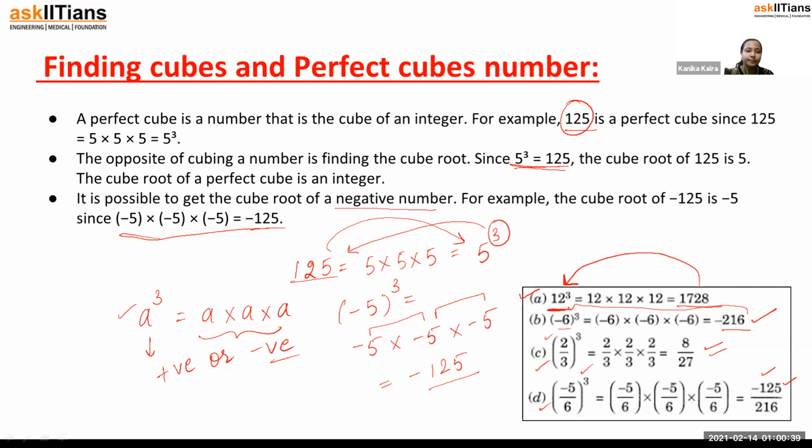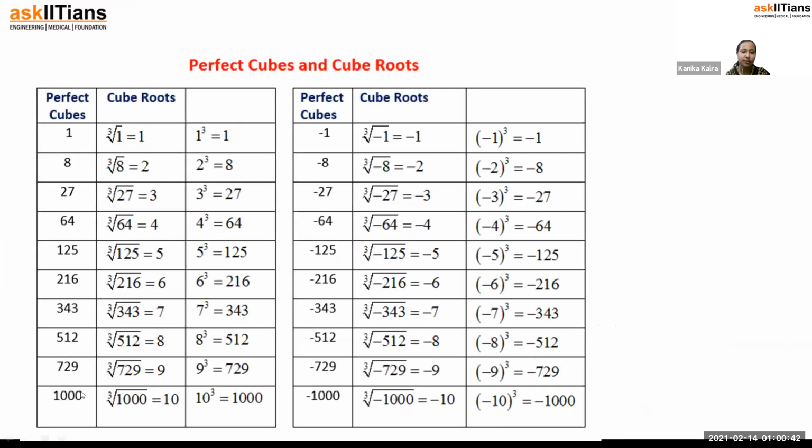Let's move further. These are the various examples of perfect cubes given to you for positive and negative numbers. So perfect cube 1, cube root is 1 and cube of it would be 1. Cube root of 8 is 2, cube of 2 is 8. This is how you can understand the cubes of 1 to 10. And you can find the cube roots as well in the same manner.